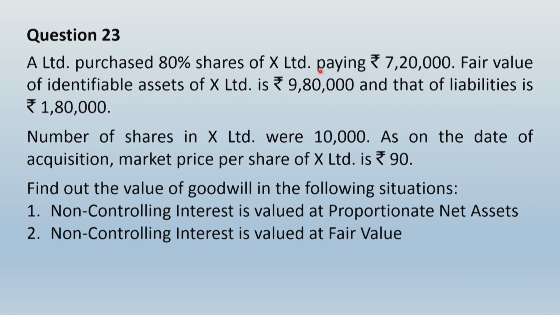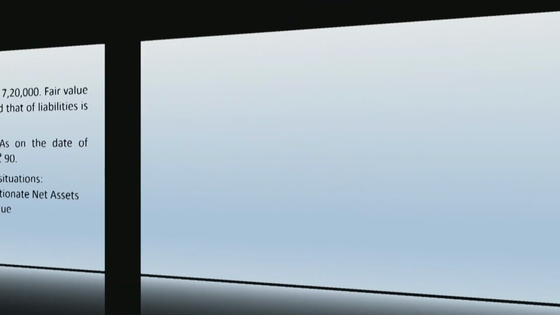Now friends, how much will be the value of goodwill will primarily depend upon how you are measuring non-controlling interest, and in this case we are going to measure non-controlling interest by two different approaches. Both of these approaches are allowable by Ind AS and you can use any approach as part of your accounting policy. So in your calculation initially, whatever you did, I am presenting the same thing on the screen, just pay attention to that.